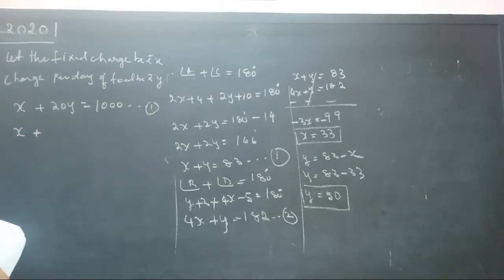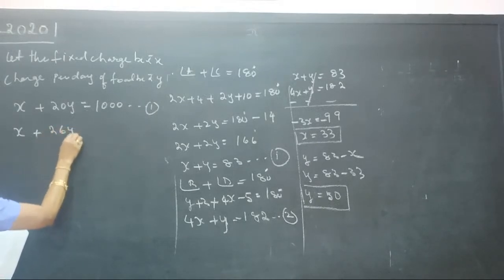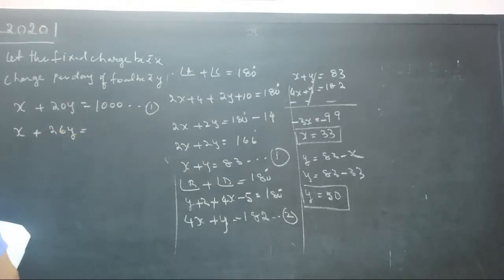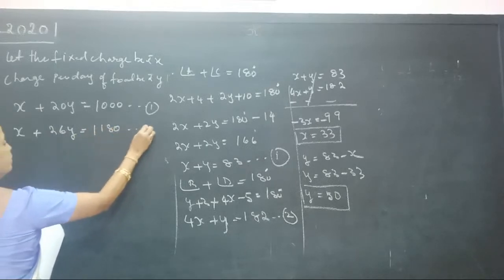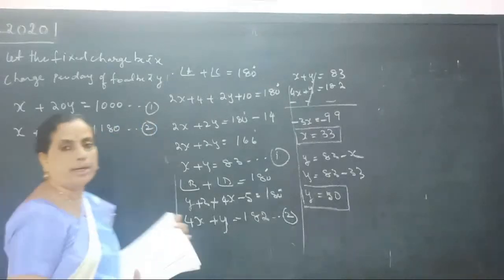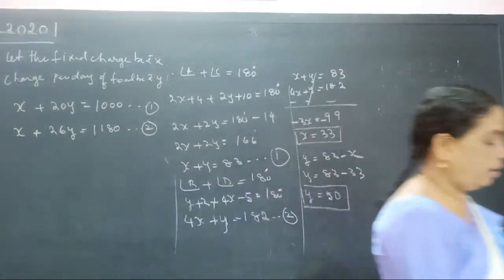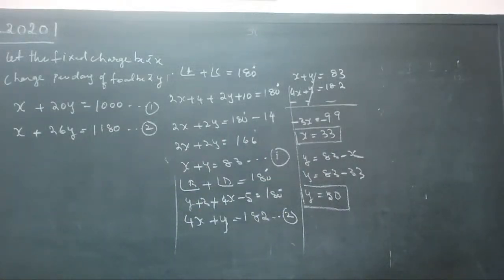In the second case, he has taken the food for 26 days and paid as hostel charges 1180. Two conditions. X and Y give the fixed charge as well as the cost of food per day.